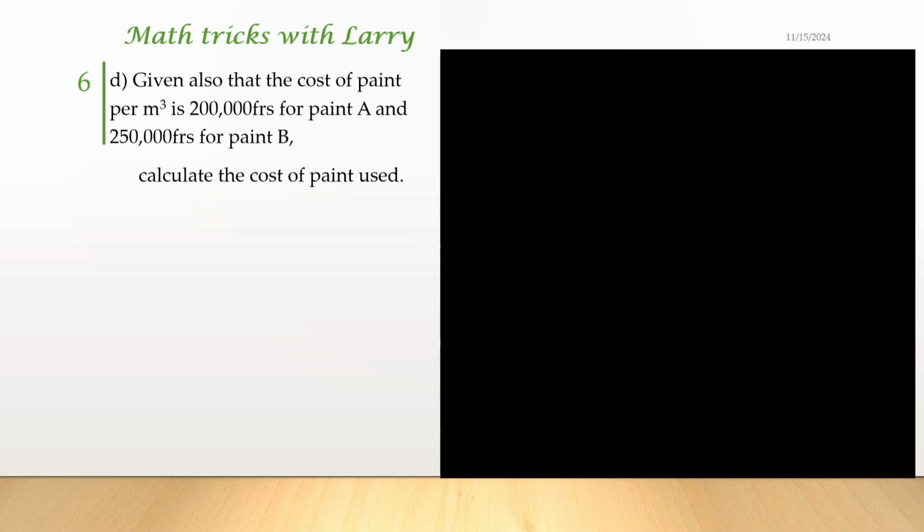Given also that the cost of paint per cubic meter is 200,000 francs for paint A and 250,000 francs for paint B, calculate the cost of paint used. Now this one is very simple and very straightforward. From part C, we saw that the volume of paint used is 0.62 cubic meters.